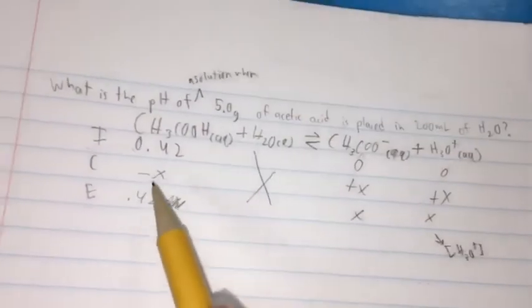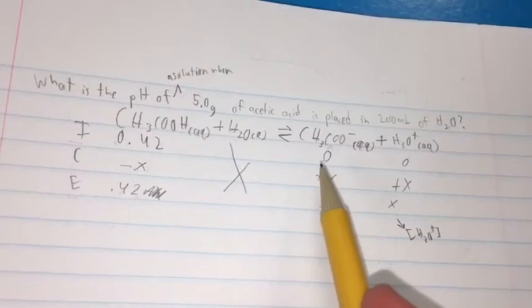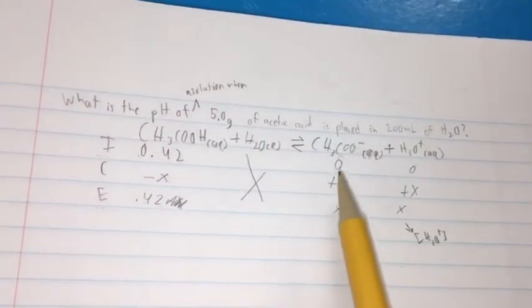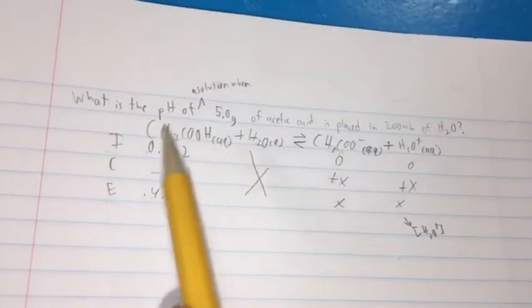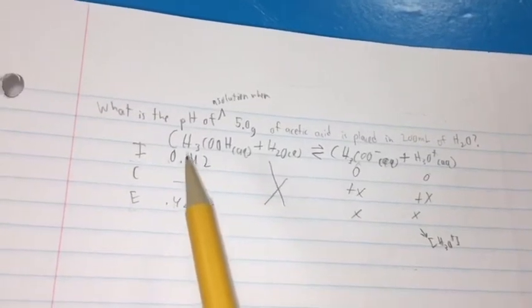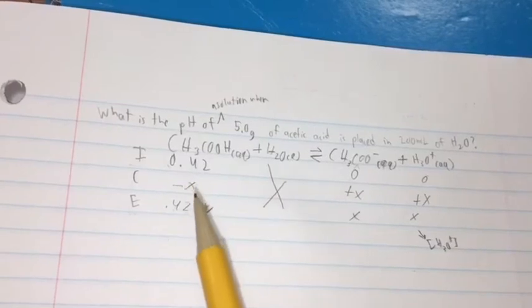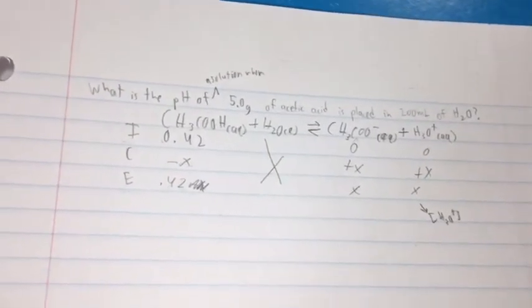So for the change, since you can't get a negative molarity for the substance, it's going to increase. But by what? We don't know. And since it's 1 mole of each, it goes up by 1x and it goes down by 1x instead of 2 or 3.